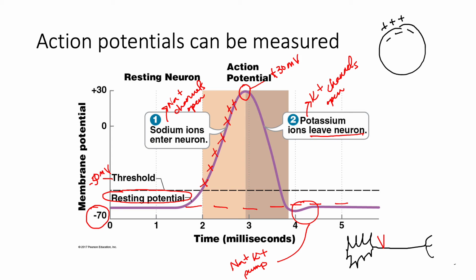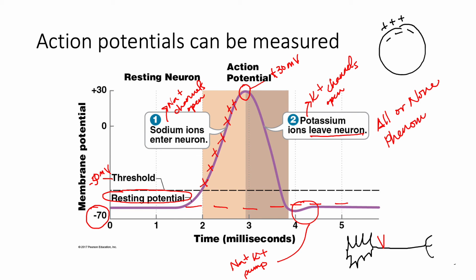We start at rest, we shoot up to positive 30 as soon as we hit threshold, and then we shoot back down to somewhere near rest again. Because every single nerve impulse looks like this, we often refer to this as the all or none phenomenon.